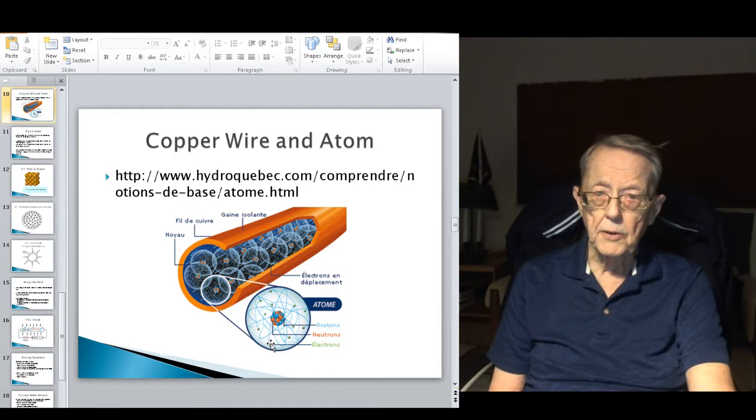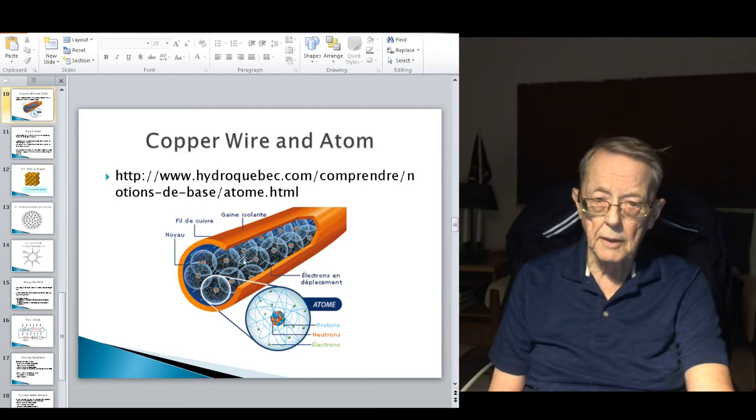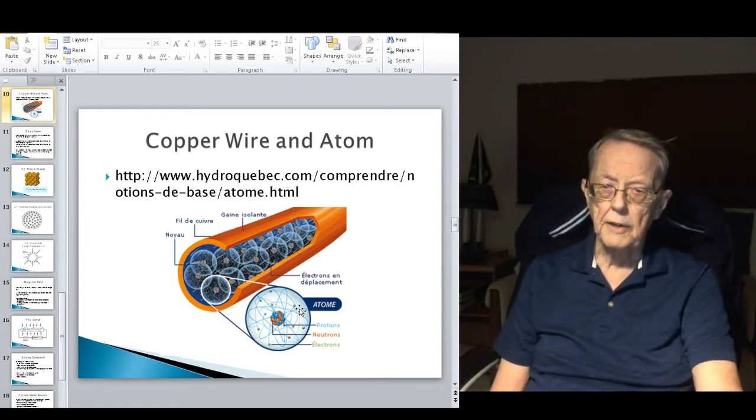Okay, so we go to the copper wire and the atom, and I'm showing this particular one for two reasons. One, it starts to show you an organized structure of copper, where the atoms are nestled together. It's not very detailed, but then it shows you a picture of an atom.